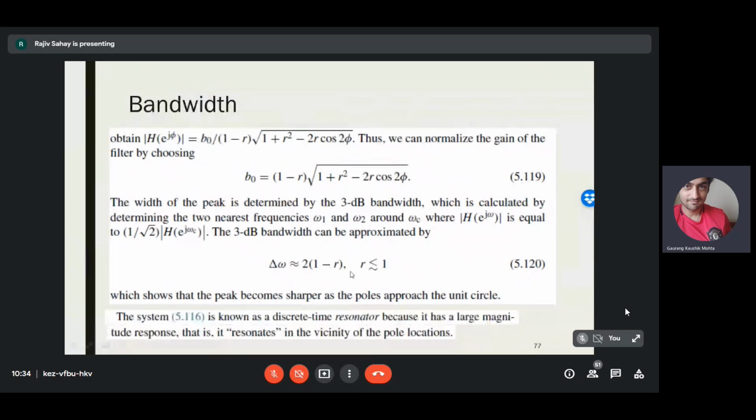So if you see here, the bandwidth is dependent upon the pole location. If you make the pole approach the unit circle, the bandwidth will become smaller and smaller, and the peak will become sharper and sharper.